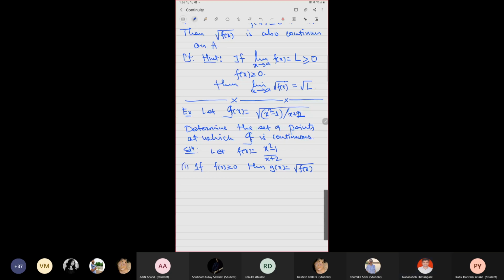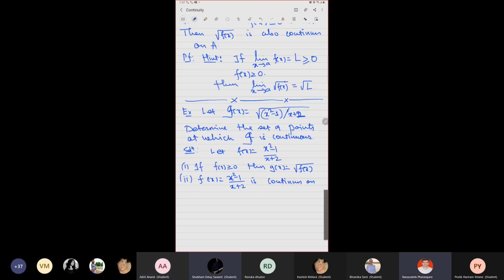Now, second point: at what points is f continuous? f(x) is equal to (x square minus 1) upon (x plus 2), and we said this function is continuous on R minus {-2}, the real numbers minus -2.